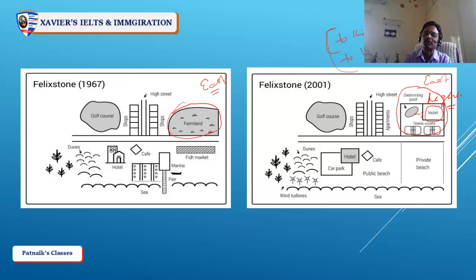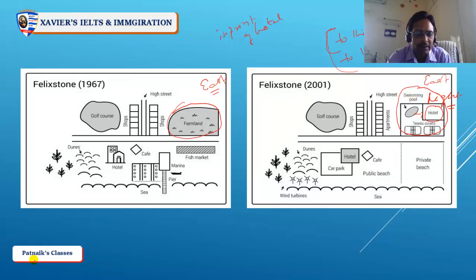To the right of the pool there is a hotel constructed, and in front of the swimming pool and hotel, or in front of the hotel, two tennis courts are being constructed for the public, right? So this way we can maintain the connectivity also, right? So these things you have to remember while planning the sentences or planning the write-up.